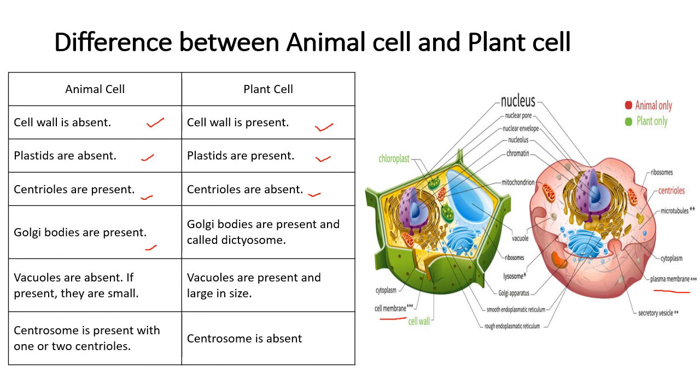Here, Golgi bodies are present and are called dictyosomes. Vacuoles are absent; if present, they are small in size. Vacuoles are present and they are large in size. Centrosome is present with 1 or 2 centrioles. Centrosome is absent. See, these are a few differences between plant cell and animal cell.